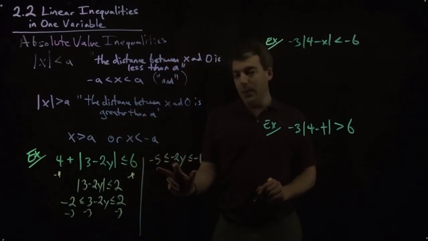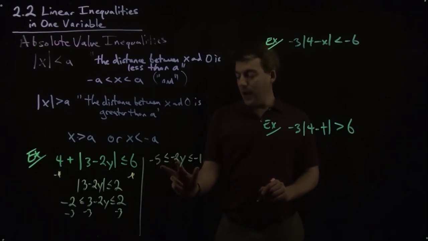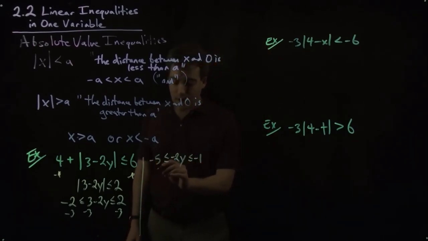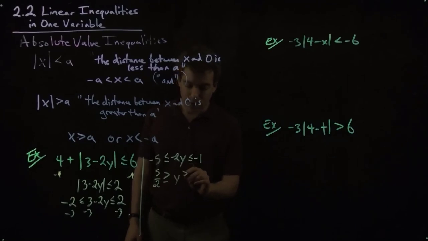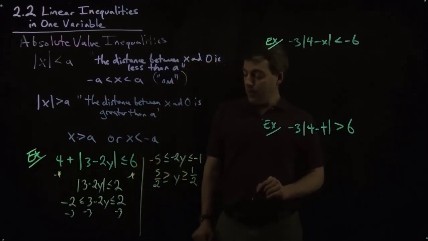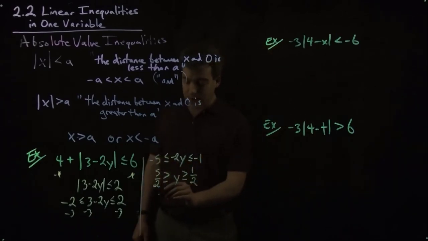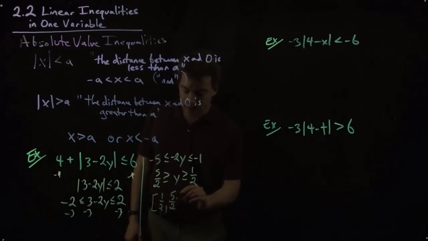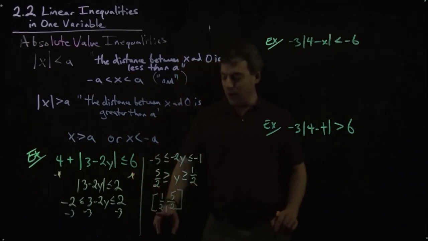And now we want to divide by negative 2, but to do that, we have to switch the inequalities. So we have 5 halves greater than or equal to y greater than or equal to 1 half. All right, and so that leads to a solution set of 1 half, comma, 5 halves, always smaller and larger.